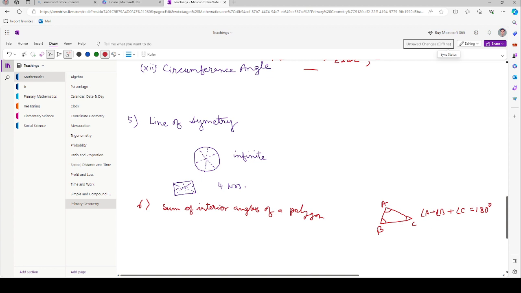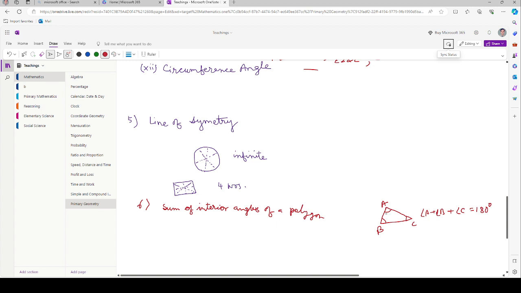We know that triangle is the polygon in which minimum sides are there. That is three sides in a triangle make a polygon.